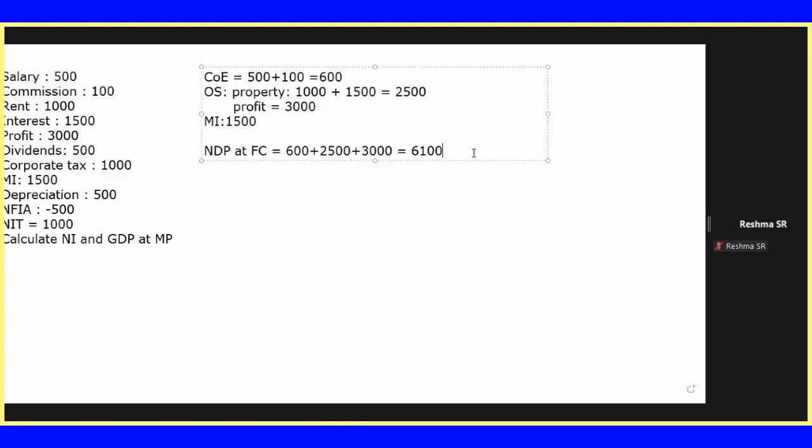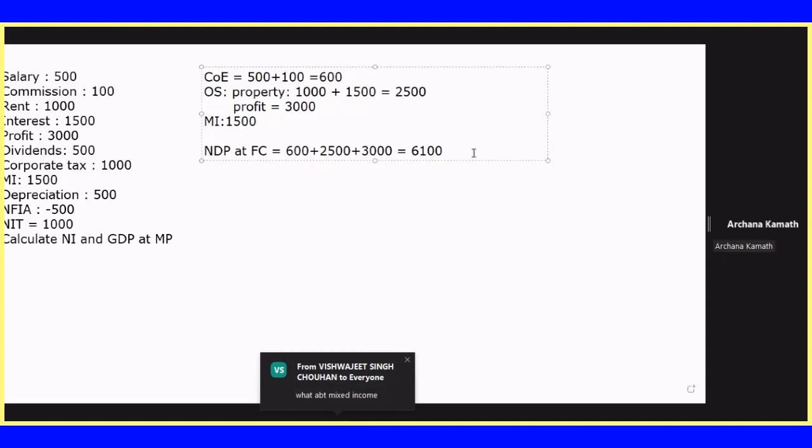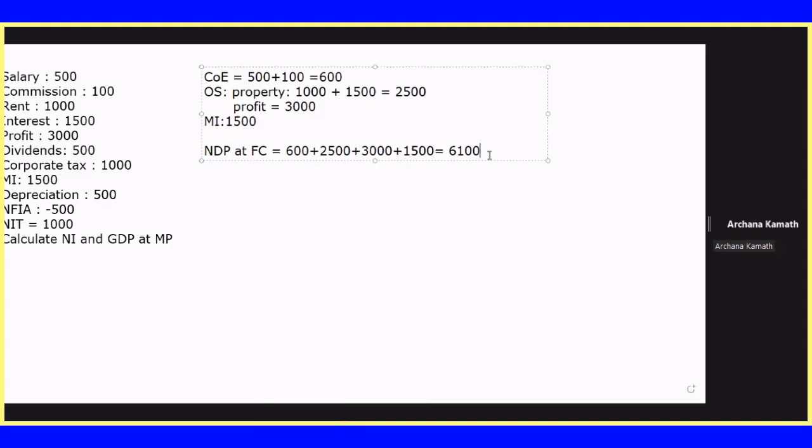Okay, thank you. 600, 2,500. We have to add mixed income also, which I missed. So it becomes 7,600. NDPFC is 600 of compensation of employees. Operating surplus is 2,500 in the form of property and 3,000 in the form of profit, and the mixed income is 1,500.